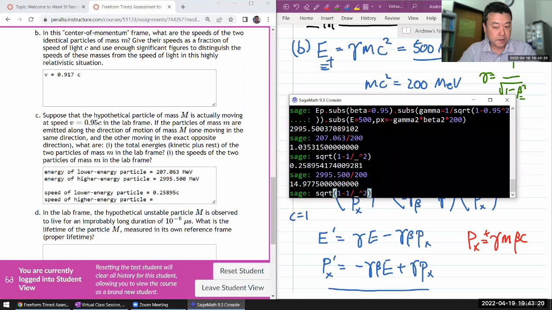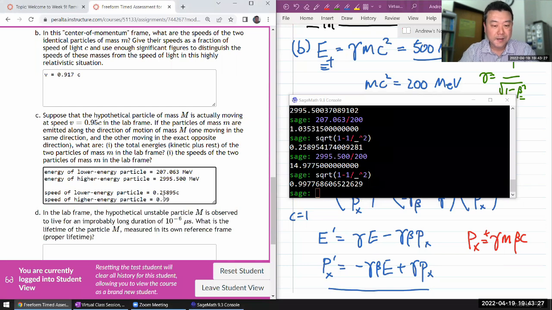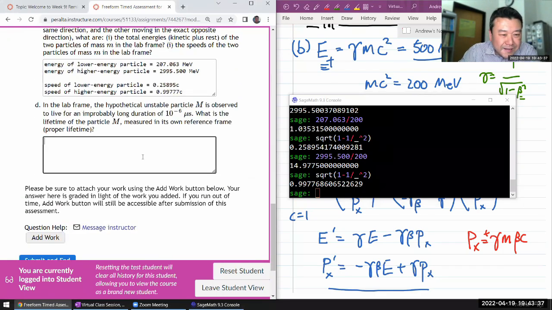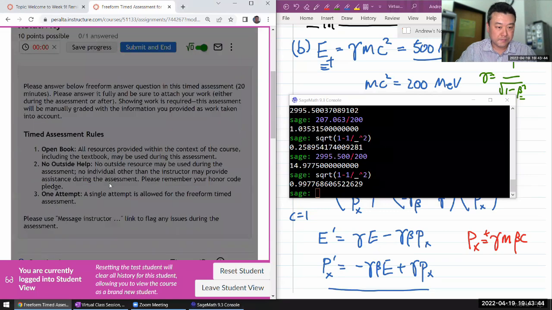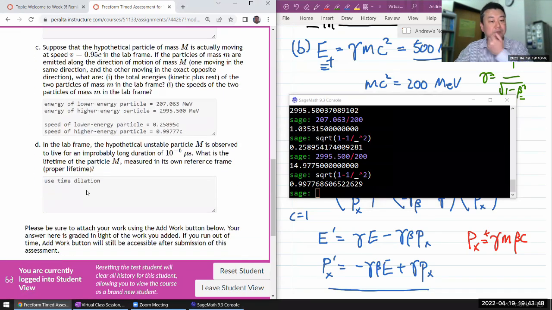It'll pull from the previous output, and, okay, maybe not that much, just 0.9978 c. Let me just use the same significant figures. So, 8 seconds left. Use time dilation. Okay. Did it save? Okay, saved. Okay, good.